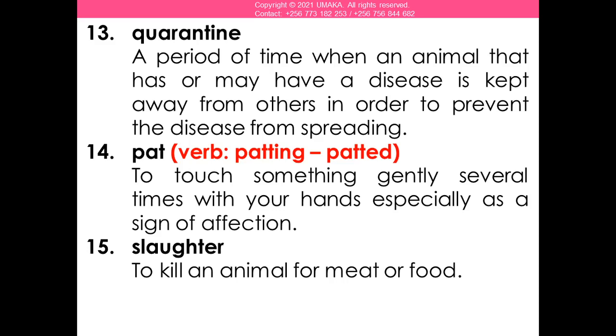We are supposed to slaughter these animals with sharp objects, sharp knives. If you are slaughtering a goat, don't use a blunt knife, because it is going to feel pain for longer, which is bad. So as you slaughter, as you kill these animals for food, as you kill these animals for meat, let's use sharp objects.